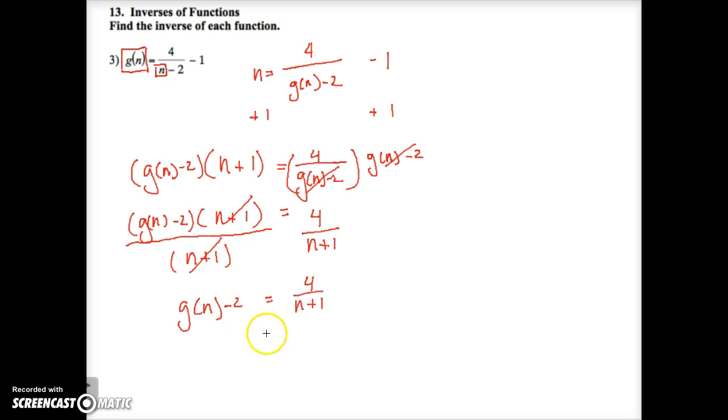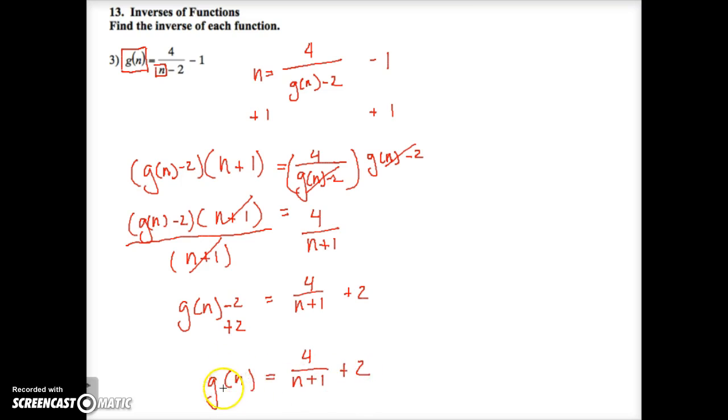I can add 2 to both sides. And so I end up with g of n is equal to 4 over n plus 1 plus 2.